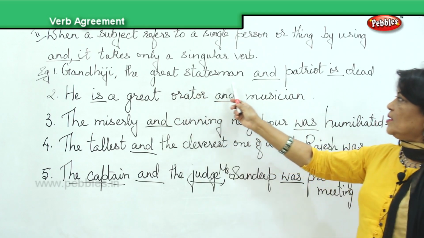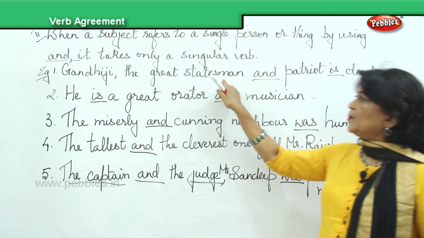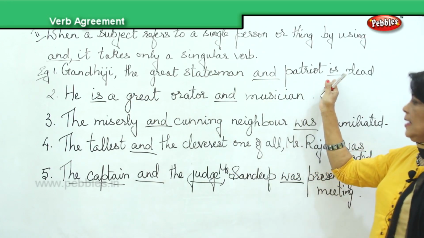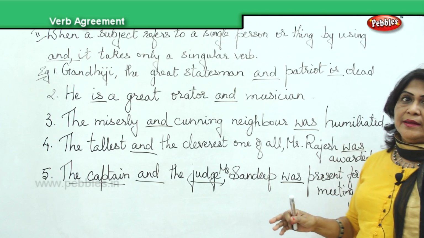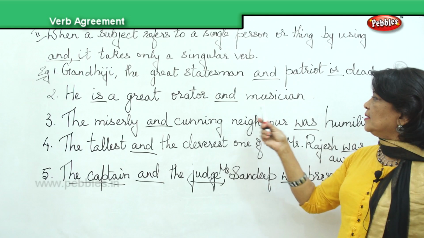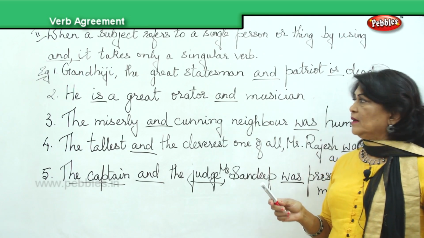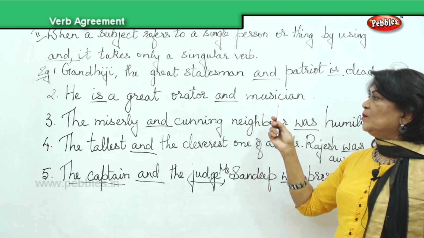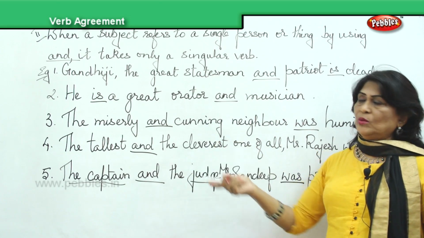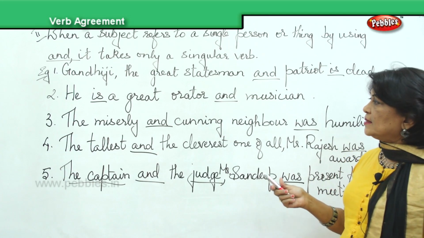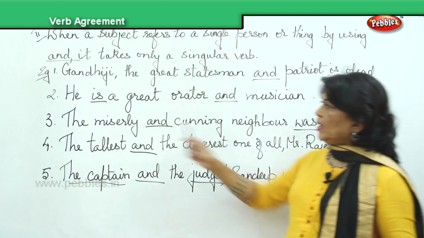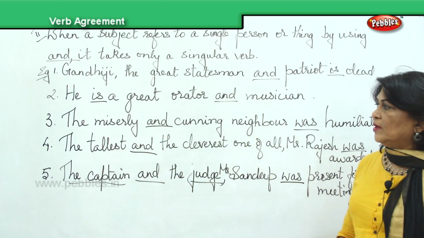Gandhi, the great statesman and patriot, these two attributes refer to Gandhi, and we say "is dead." Next one, he is a great orator and musician. Being an orator and a musician, it refers to the single person, he. He is a great orator and musician. "Is" is the singular verb.